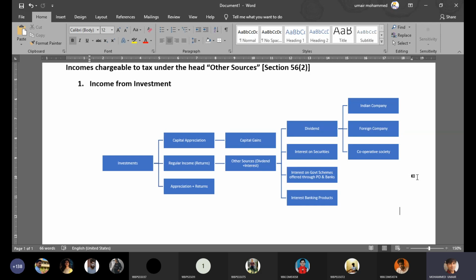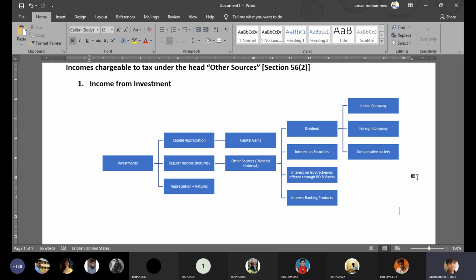What is the tax treatment of dividend in case you have earned dividend on your investment? You have invested in shares, right? And you have received dividend from a particular company where you have invested. Is dividend taxable in the hands of shareholders or not? That is what you have to learn.